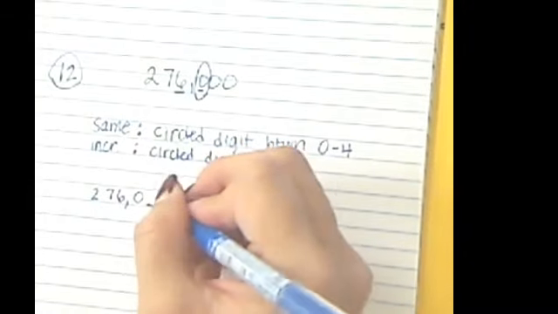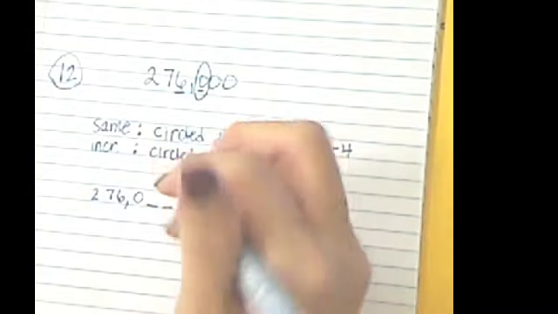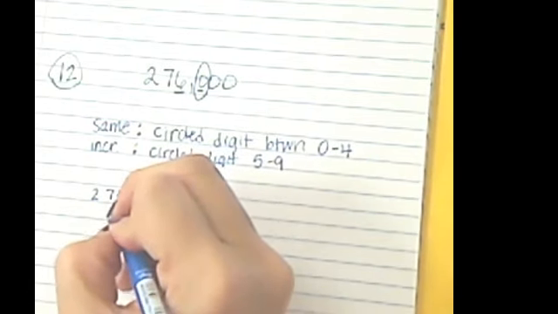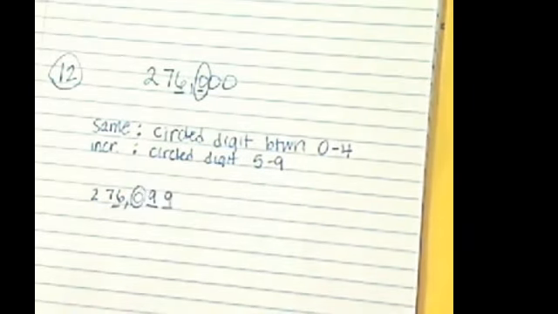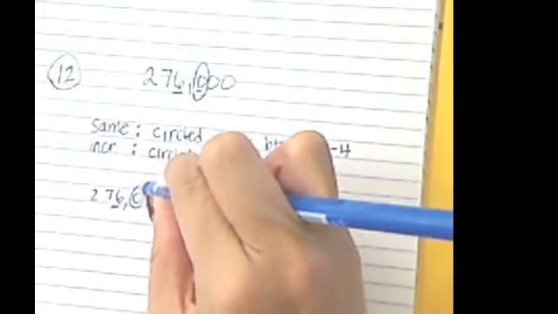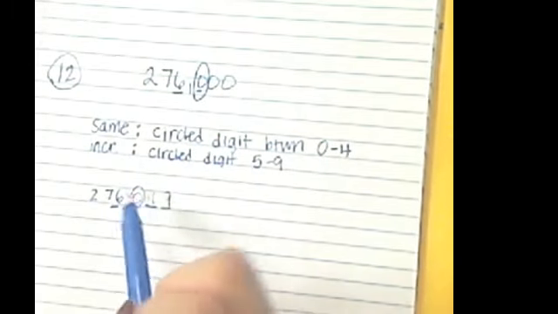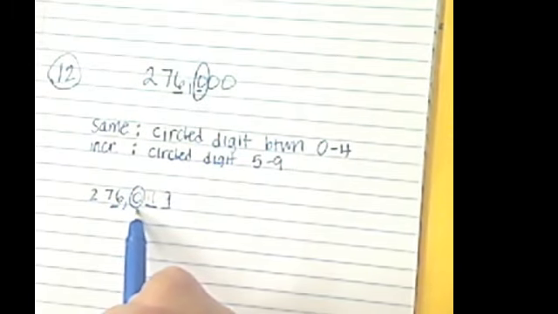It doesn't matter what you put in here. You could say 99 if you wanted to. It would still round to 276,000. So I'm just going to leave those two blank because you can fill in any numbers you wanted to in the back, because this is the digit that's important right here.